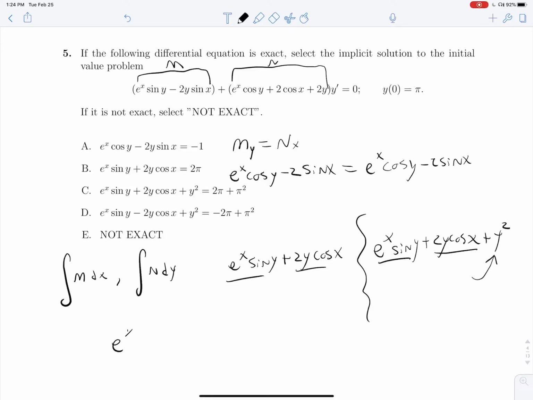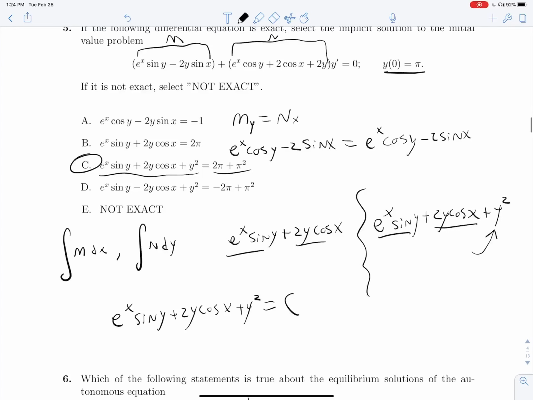So overall, we have e to the x sine y plus 2y cosine x plus y squared is equal to c. And looking at our answer choices, we only have one that matches the correct signs and values that we have for this left side. But if we really want to prove it to ourselves and find the c value, we can plug in our initial condition of y(0) equals pi.